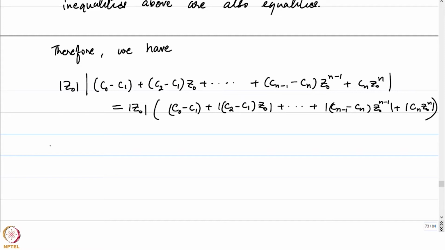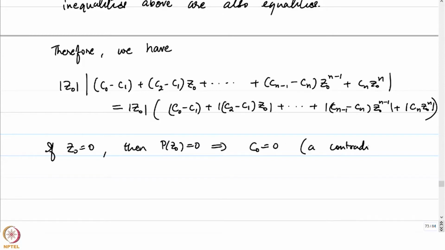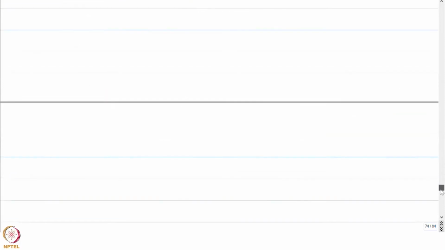Notice that z naught can never be 0. If z naught is 0, then p of z naught equal to 0 would imply that c naught is equal to 0, a contradiction. So z naught can never be equal to 0 because we have assumed all the coefficients to be positive. In fact, c naught is the largest coefficient. And because of that, we can cancel the absolute value of z naught because it's not 0.